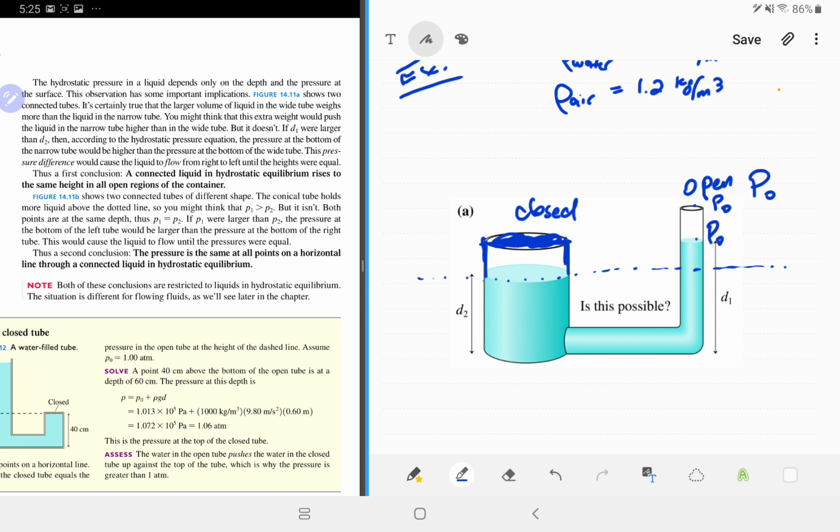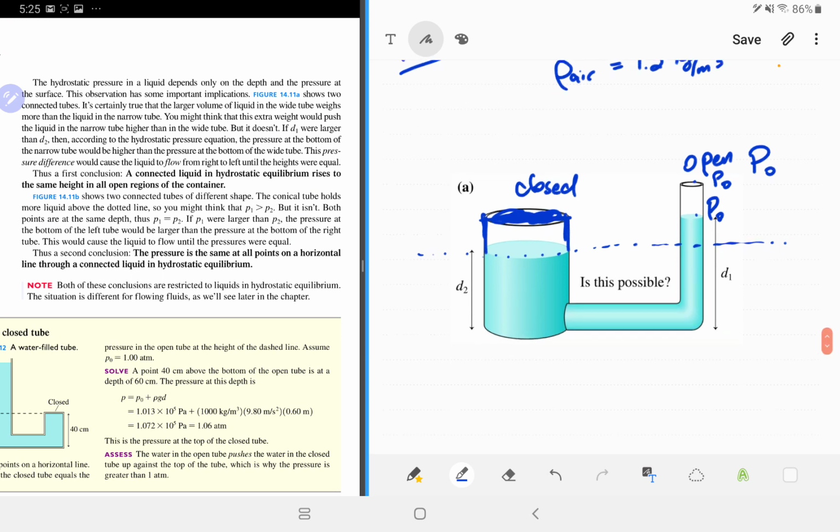So the pressure on this horizontal line is the same. So pressure is the same along this line.